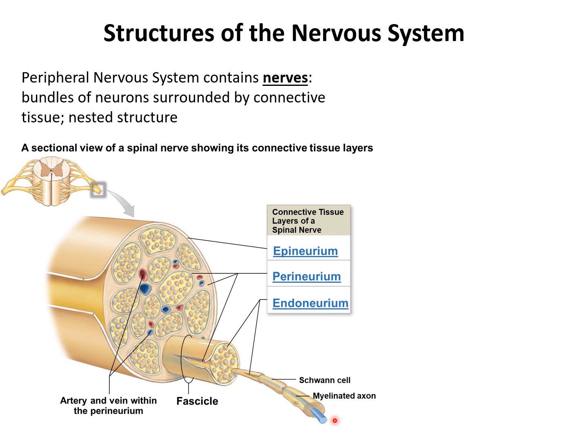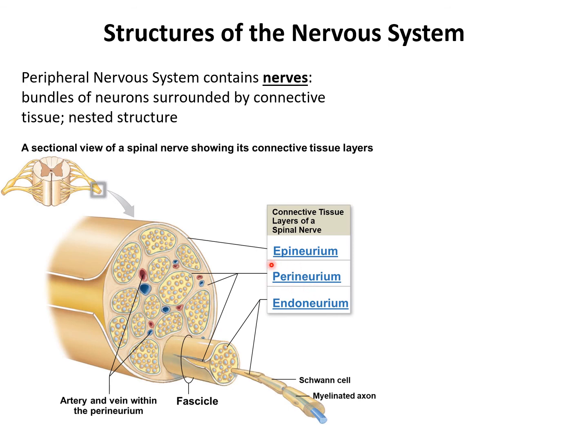Each individual neuron is surrounded and protected by a connective tissue sheath called an endoneurium, and we actually saw this on the model in the lab. Endo, meaning on the inside, all the way on the inside; neur, N-E-U-R, indicating something to do with the nervous system, in this case, around a neuron. All of these individual cells, each with their own individual endoneurium, are bundled together and wrapped in a sheath called a perineurium.